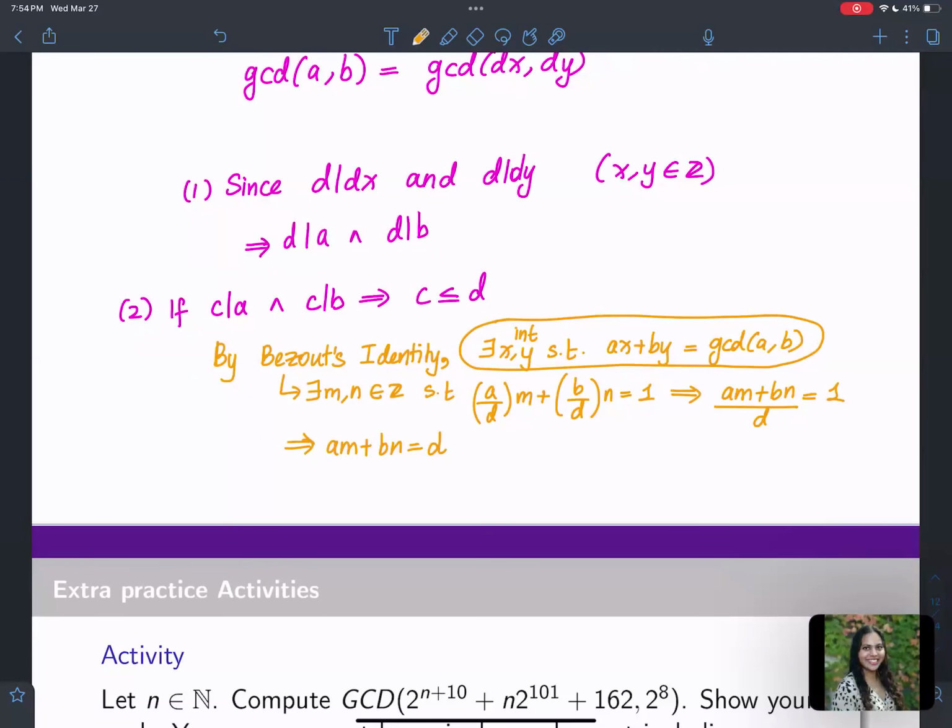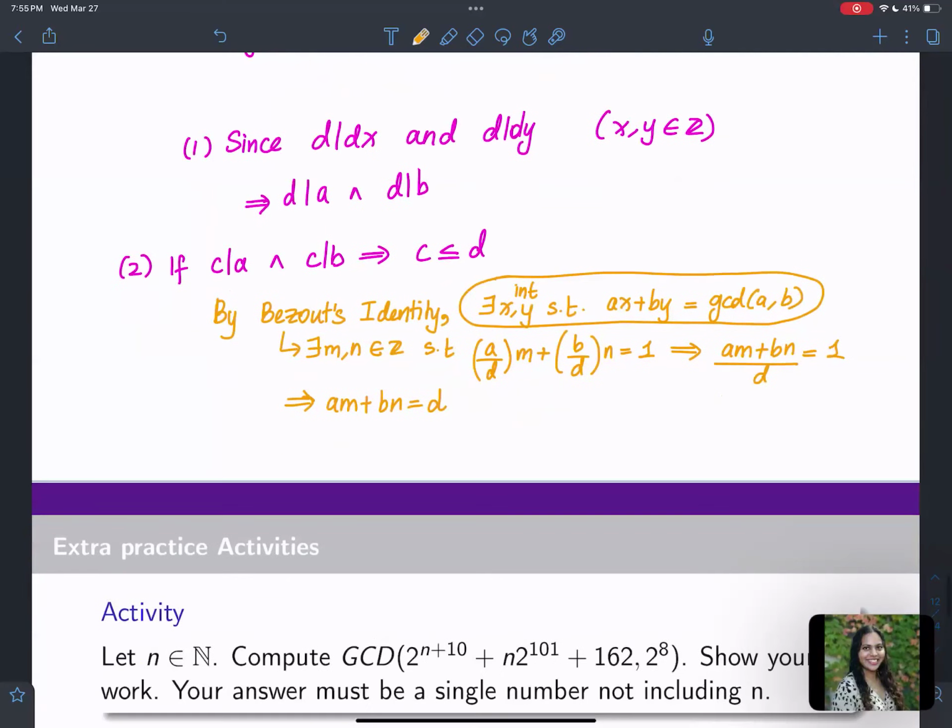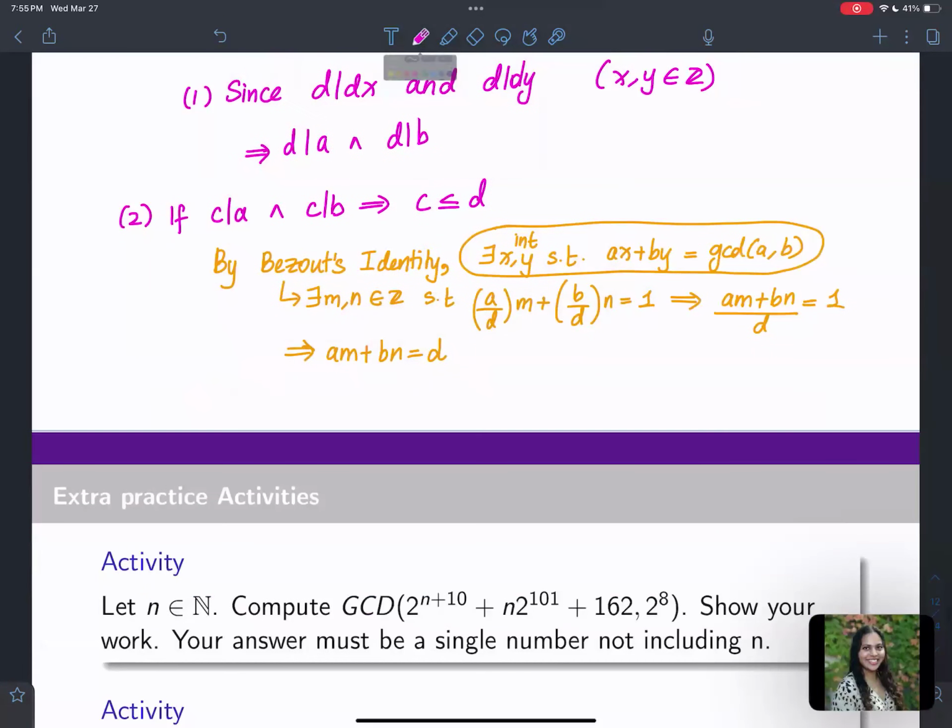Now, why is this helpful? Let's come back to what we are trying to prove: if C divides A and C divides B, then C is less than or equal to D. This is a proof within a proof, a direct proof here. So assume there is a C in the naturals such that C divides A and C divides B. Because C divides A, C divides AM.